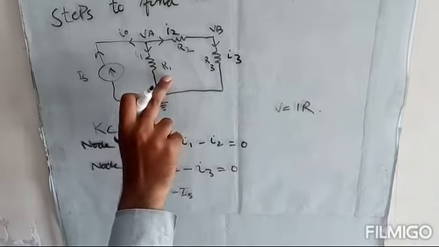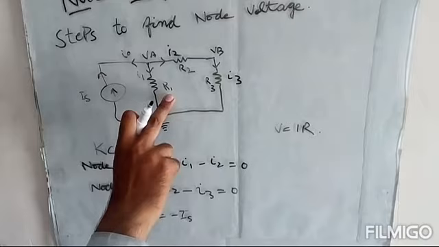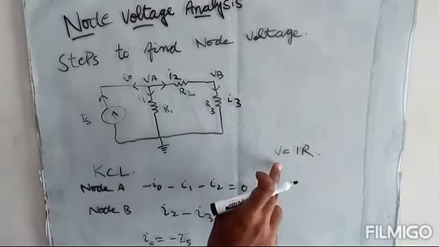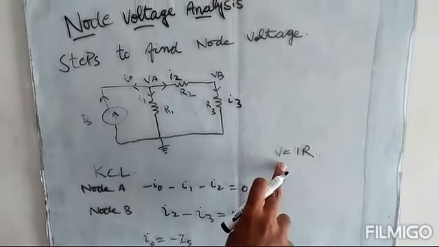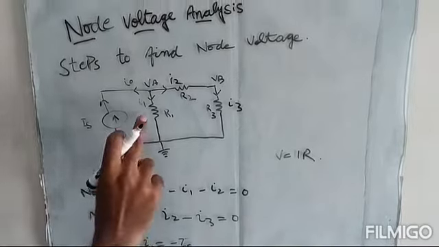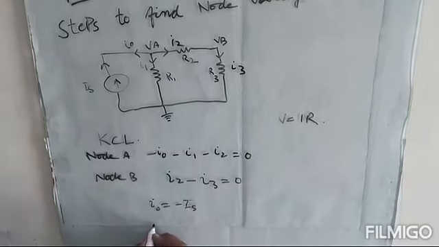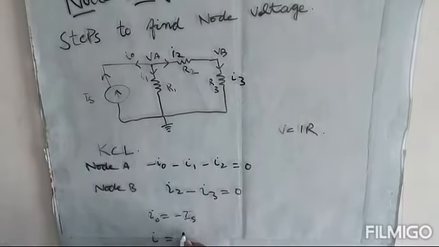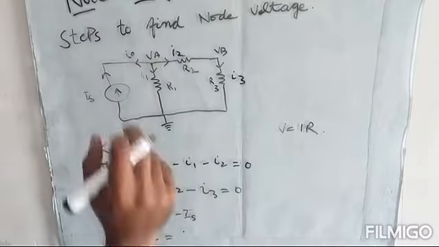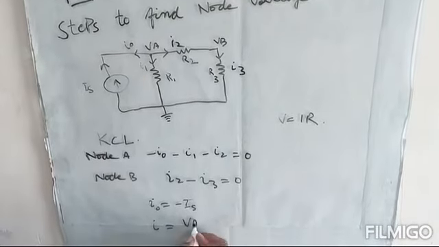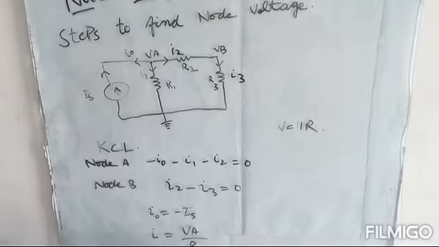I1 is flowing through this resistance R1, so according to Ohm's law, we can say I1 is equal to V over R, where V is the voltage VA across this resistance, divided by resistance R1.